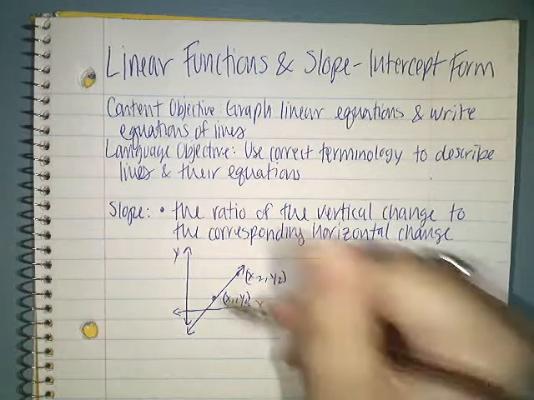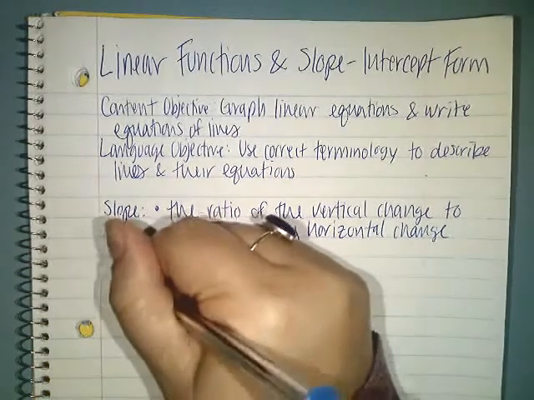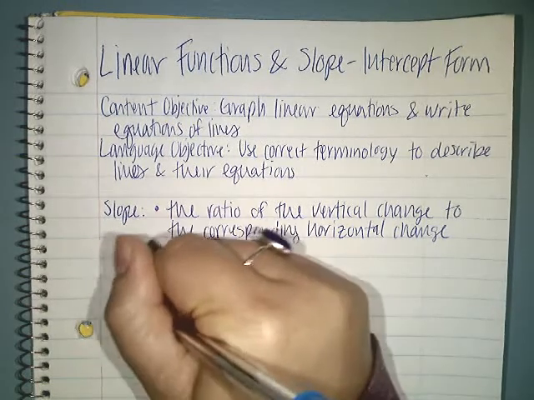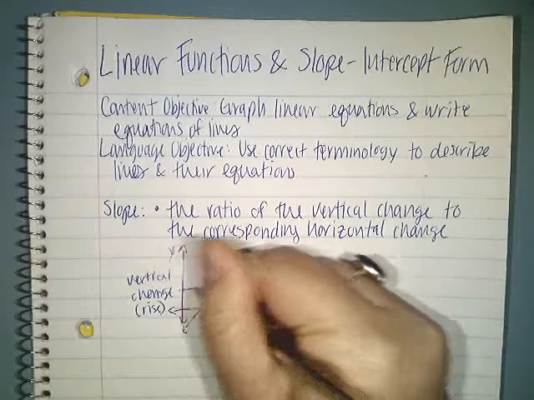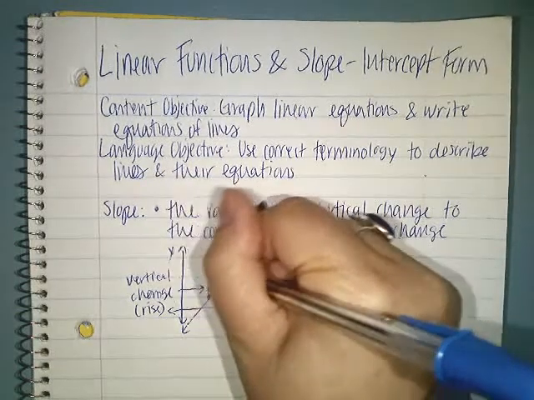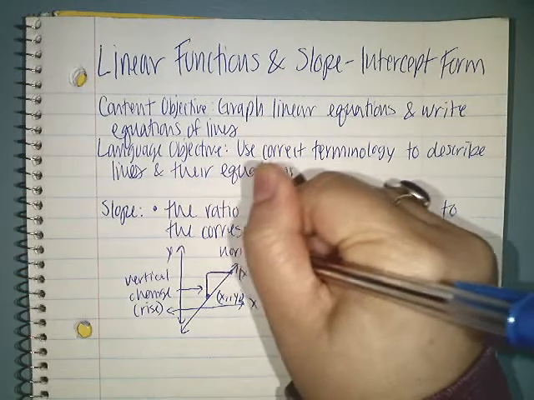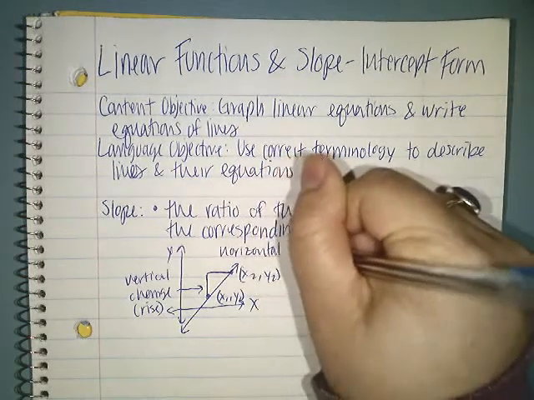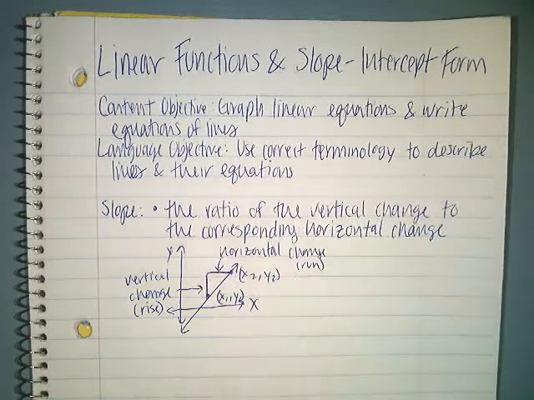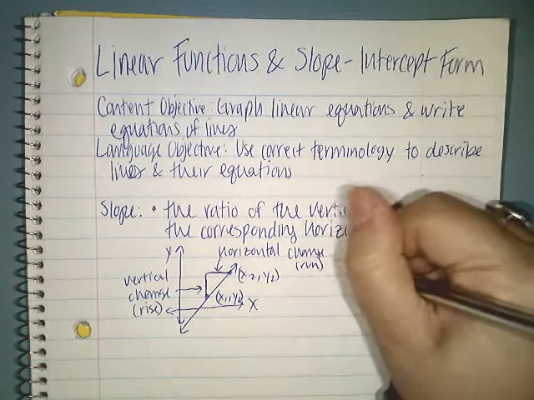Another coordinate point, the slope is going to be the vertical change, or the rise, which is this component, so how much is going up, to the horizontal change, or the run, which is this component.